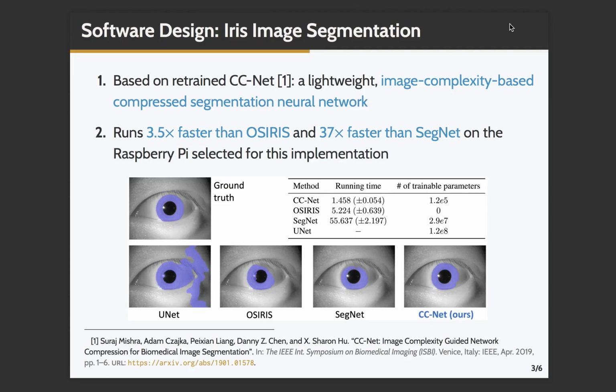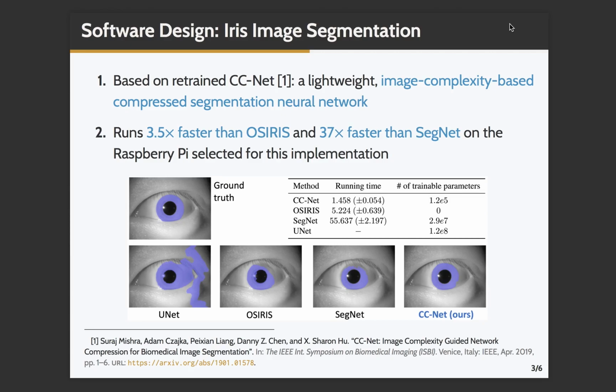Our model runs 3.5 times faster than the popular OSIris open source iris segmentation package and 37 times faster than the state-of-the-art deep learning segmenter, SegNet.